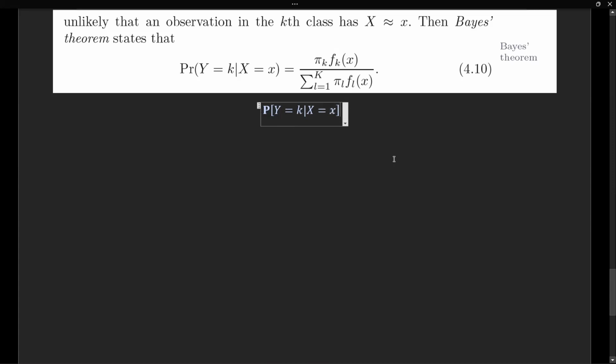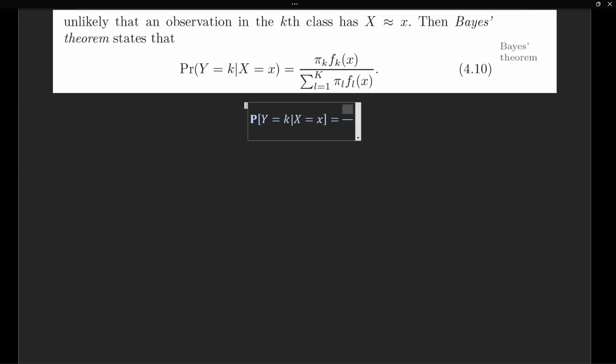Well, that probability is the same as, we definitely need to see again what all this notation represents. Pi k, that's some kind of probability. F subscript k of x, that's another probability.